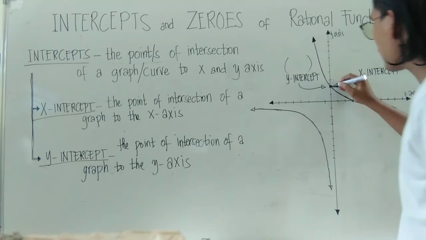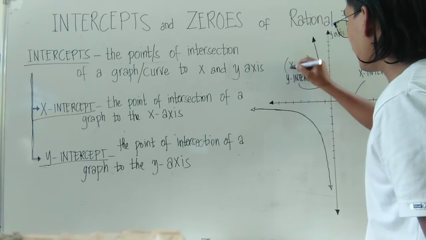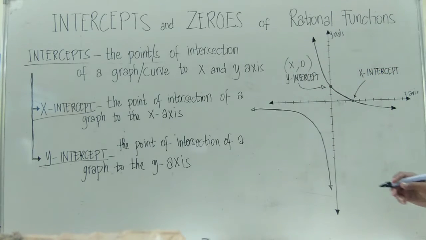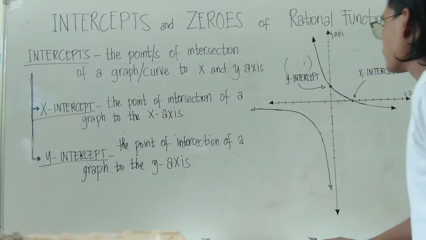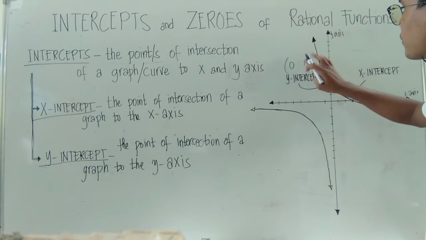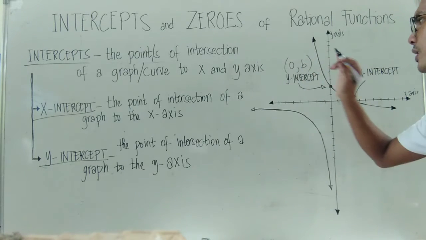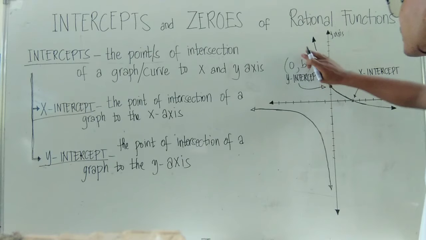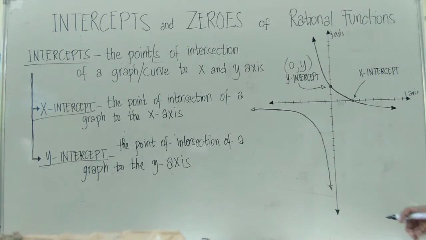This point has an ordered pair of 0 and y, or in some books 0 and b, but to be basic, let's use 0 and y. I will explain it later.